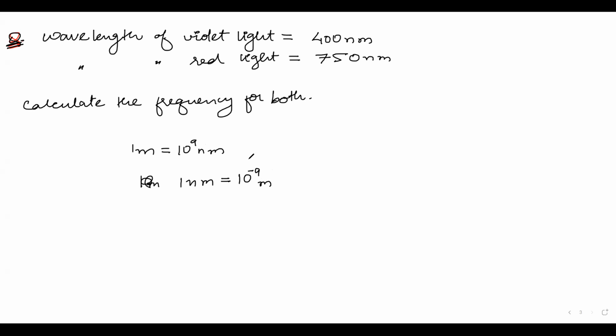If you see your NCERT book, at the end of the NCERT there are appendices. In those appendices there are SI units and conversions. Everything is given there. Whenever you are in my class, you are free to check those SI units and conversion factors.